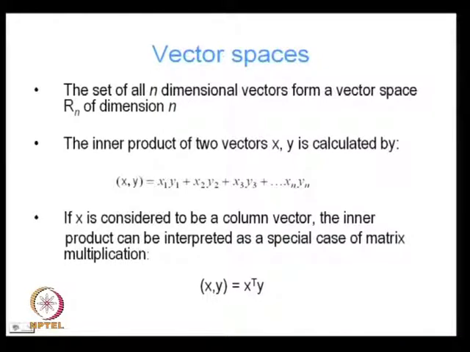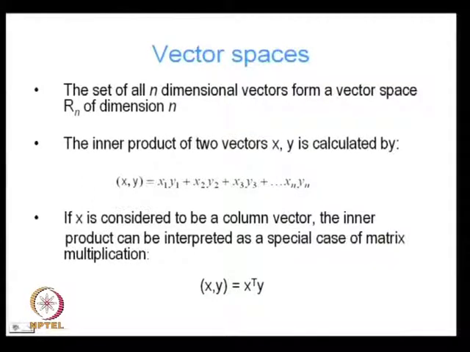The inner product of two vectors x and y is calculated as follows. This is how we define the inner product: the product of the components summed together. So, the inner product of two vectors x and y is equal to x1 y1 plus x2 y2 plus x3 y3 through xn yn.